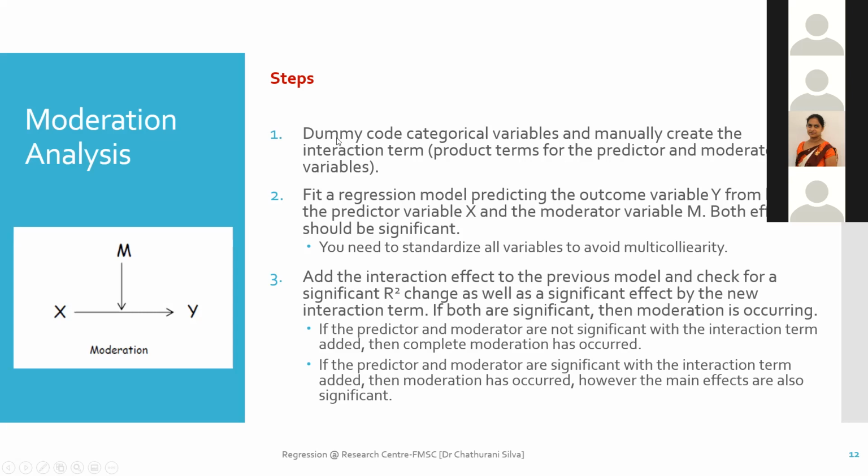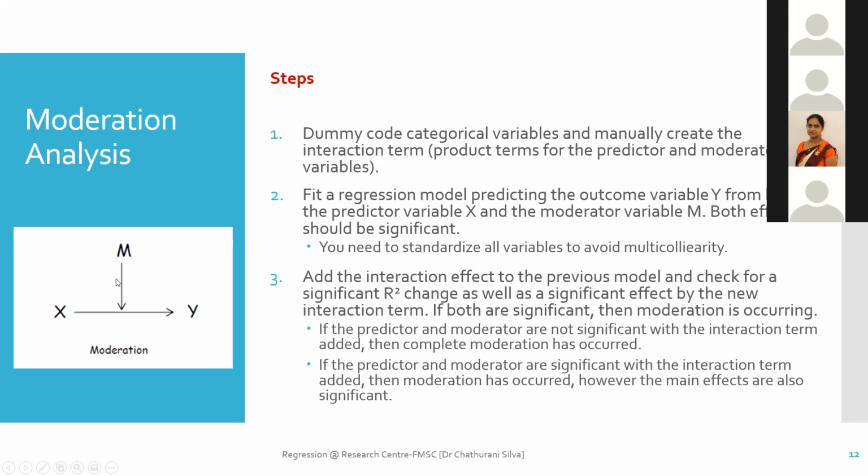First of all, the dummy code. When you have categorical variables, dummy code them manually and manually create the interaction term, right? If you want to analyze the relationship using a categorical variable, you can calculate the interaction effect.